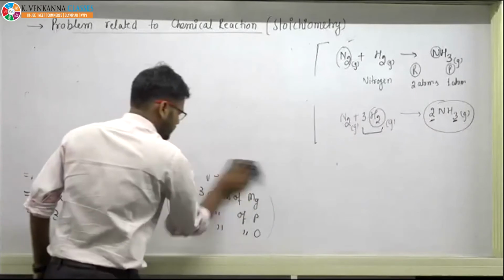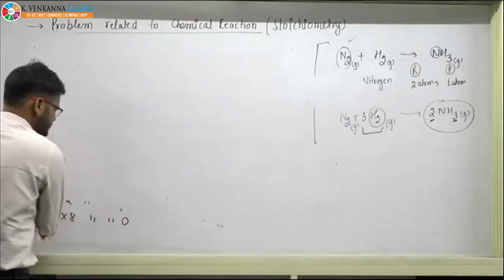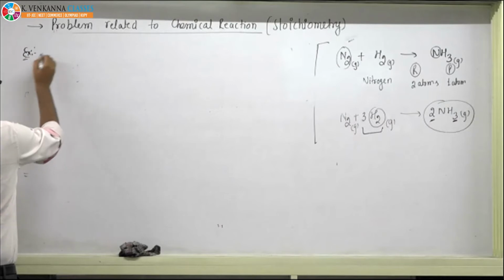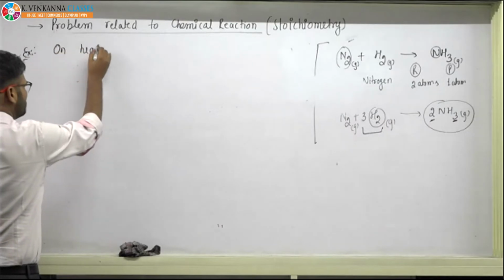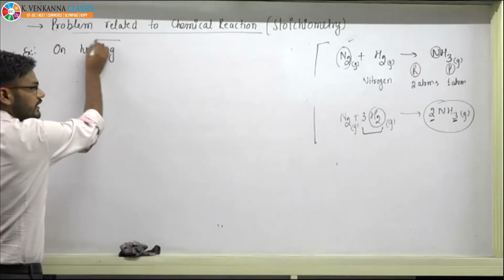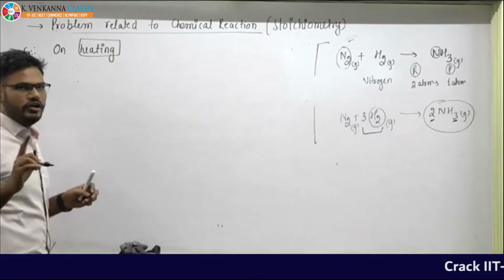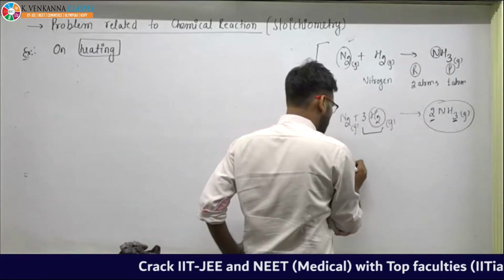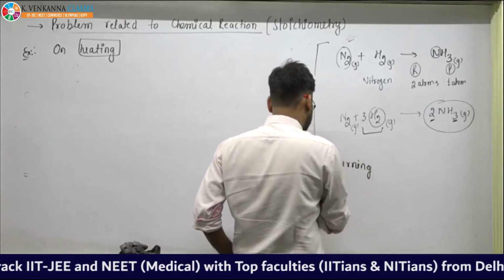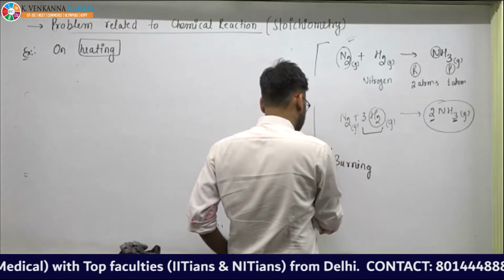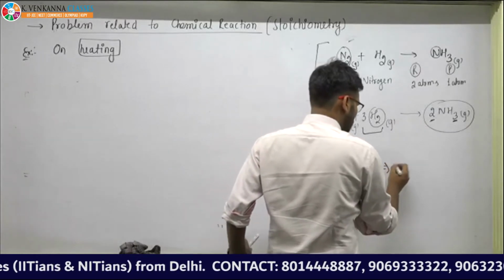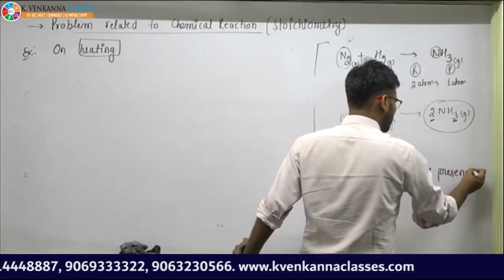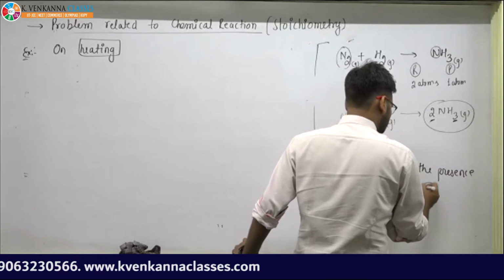Okay, so now I will be telling you what is reaction and what is equation. If it is given on heating, just understand on heating. If somewhere burning or combustion is written, I have already told you, it means the process is carried out in the presence of oxygen.